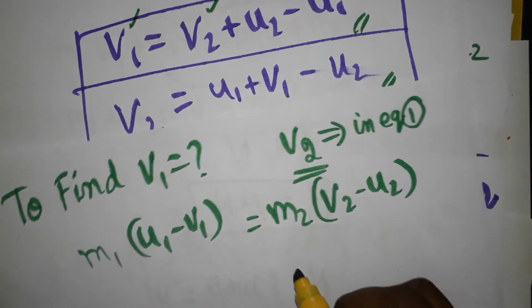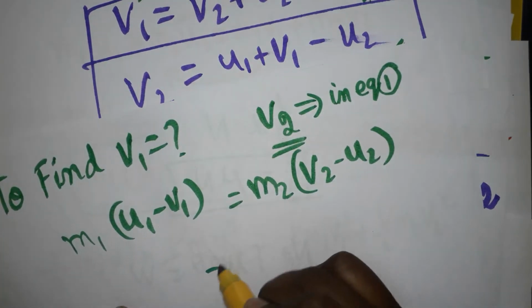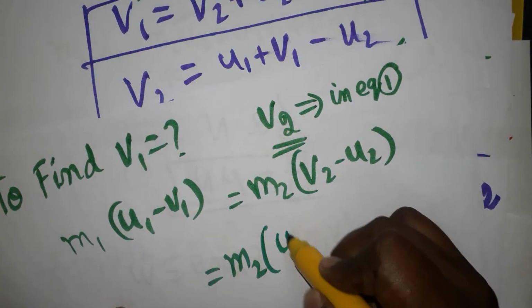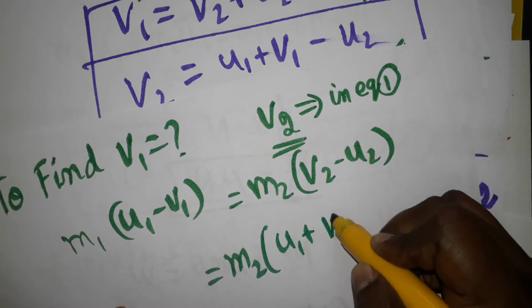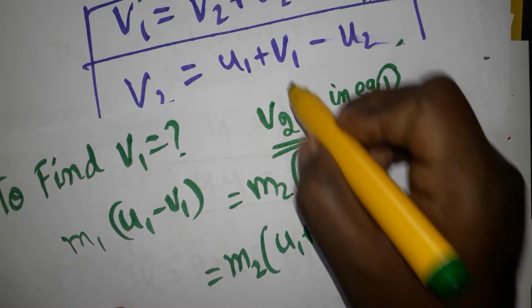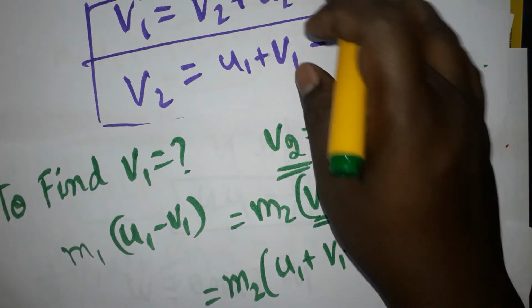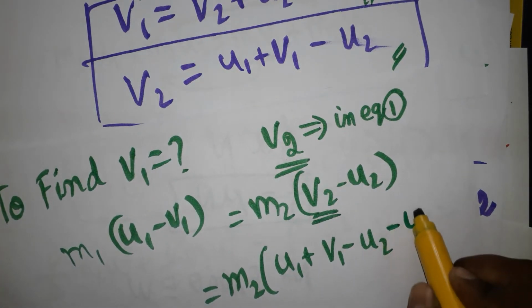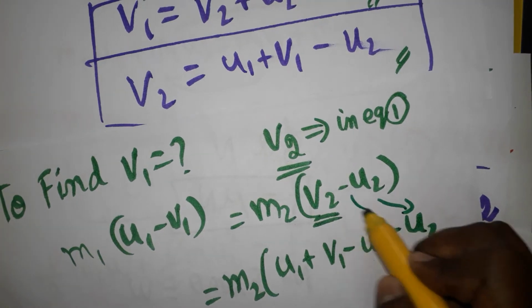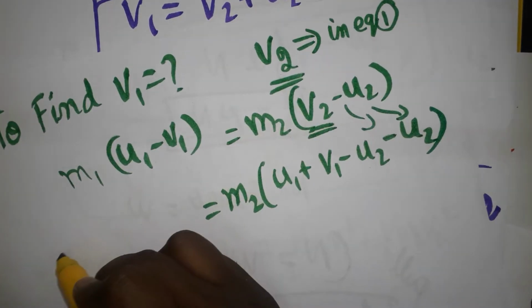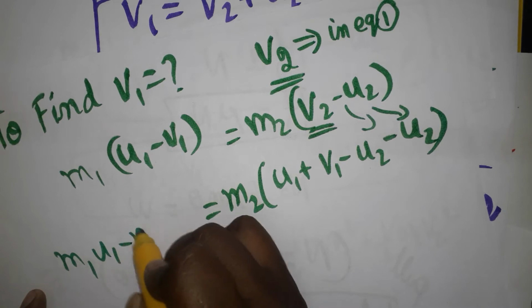You have to be very careful when you are substituting the value. So m2 (u1 plus v1 minus u2), because I substituted the v2 value, and then minus u2. So this u2, this minus I wrote here, is equal to m1 u1 minus m1 v1.